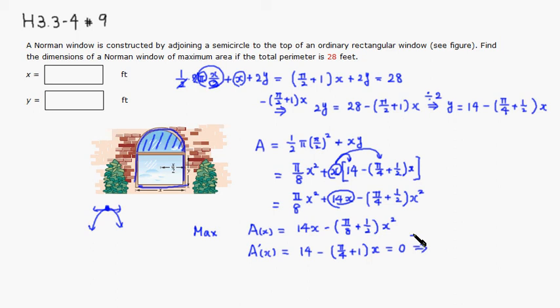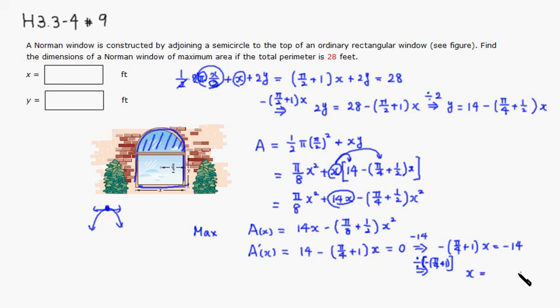Subtract 14, so you get negative pi over 4 plus 1 times x equals negative 14. Then we divide through by negative pi over 4 plus 1 to get x isolated.